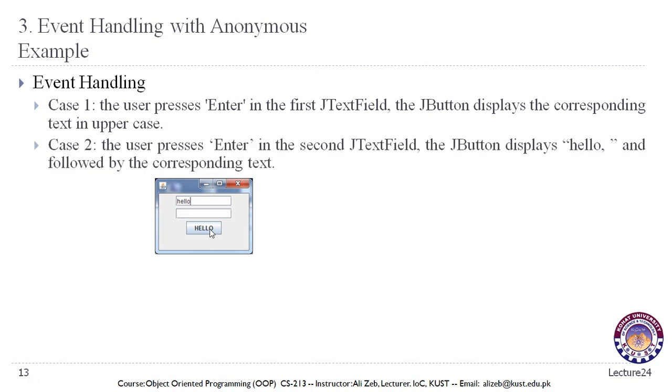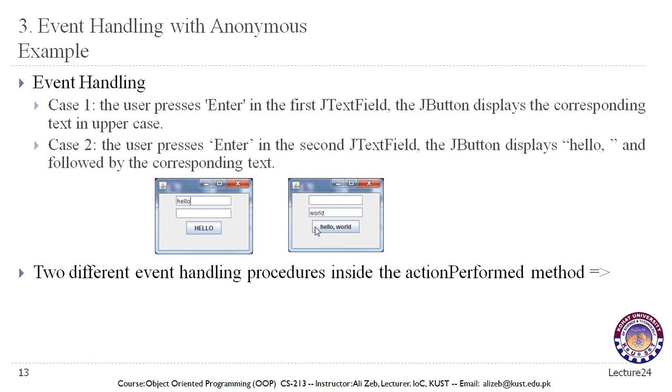And we have another example where the user presses enter in the second JTextField, and the JButton displays hello followed by the corresponding text in this text field. So we have these two scenarios where we will see how we can use anonymous classes to handle these events.